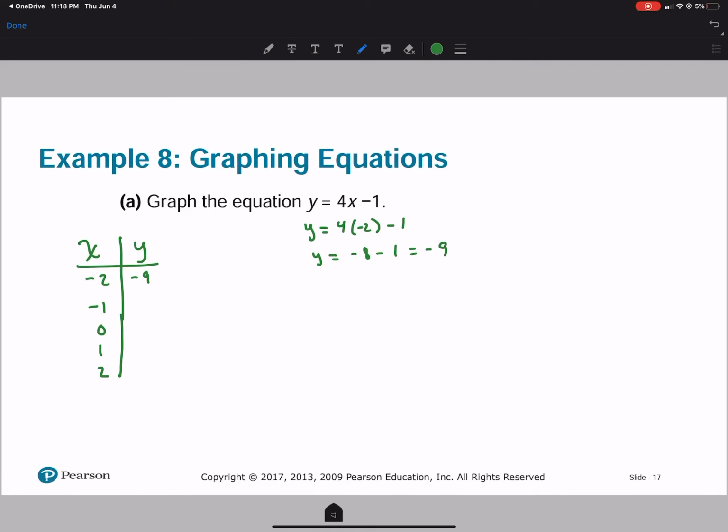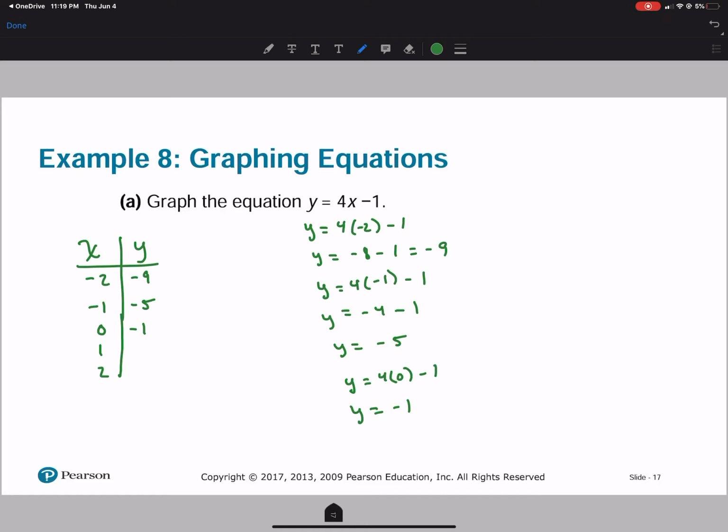Same thing with the -1. Y is equal to 4 times -1 minus 1, so it's -4 minus 1. So Y is equal to -5. Then when you put 0 in there, Y is equal to 4 times 0 minus 1, so Y is just equal to -1.